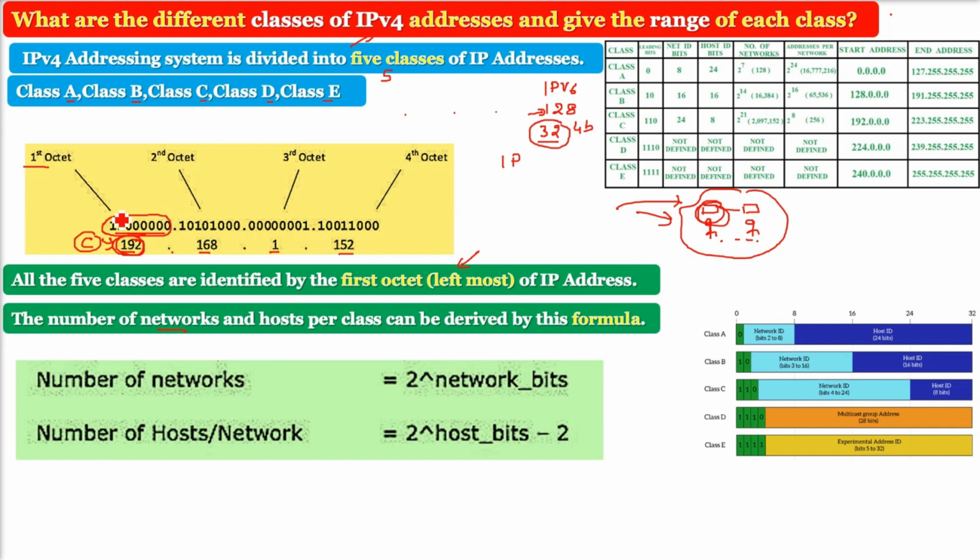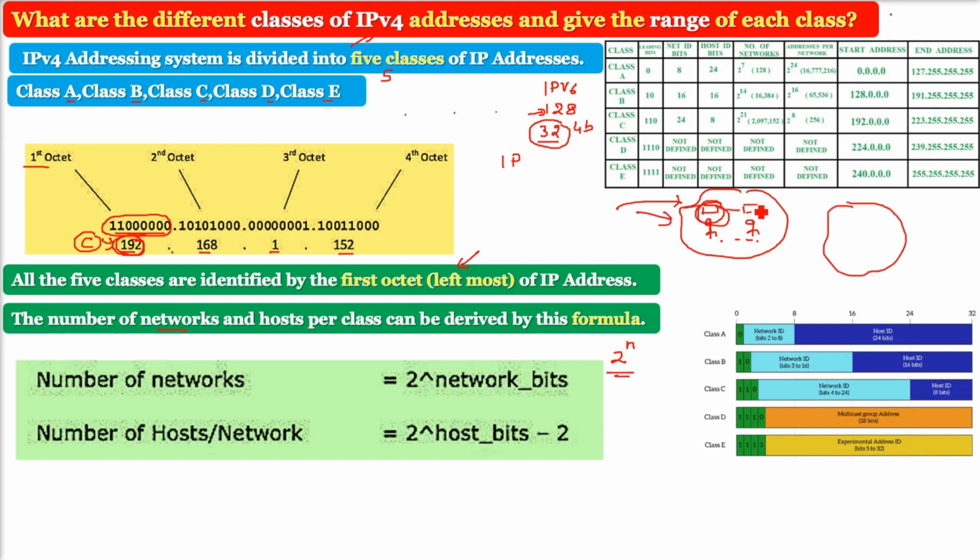So the number of networks and hosts per class can be defined. There is a proper formula, if we understand how many network bits there are and how many host bits there are. For example, if the first bit is reserved, that is 0, it is always reserved, it is class A. Class B is when the first 2 bits of the first octet are 10.